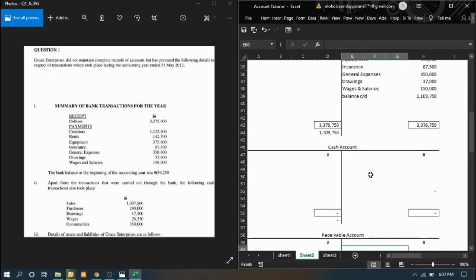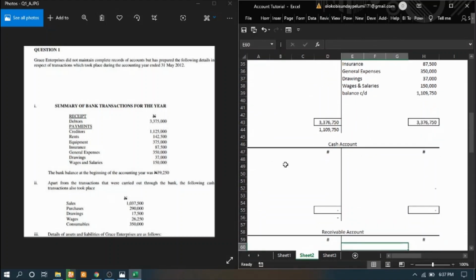So let's move to the cash account during the period. So cash doesn't have an opening balance, but sales is the receipts. So we had sales, that is 1,037,500. So that is the receipt. So we have purchases. This is the payments, cash purchases. So that is 290,000. So we have drawings in the period.